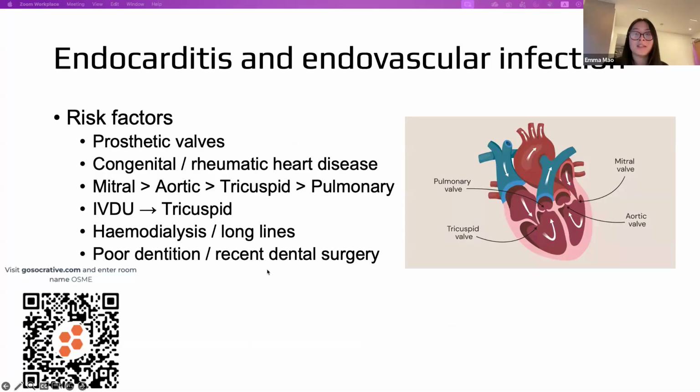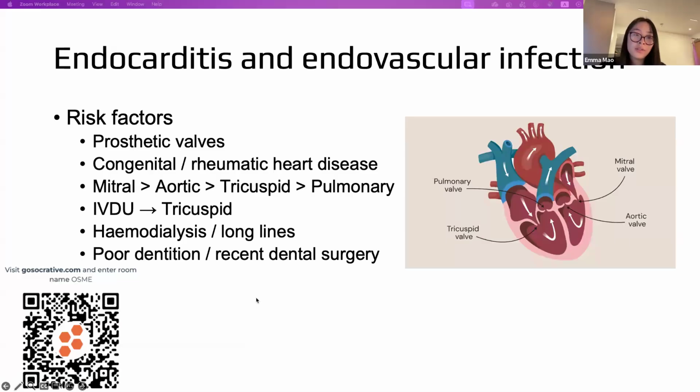Risk factors to look out for in question stems are someone with prosthetic valves, congenital or rheumatic heart disease, intravenous drug users, and hemodialysis, so people with long-term lines, and dental surgery can also come up.